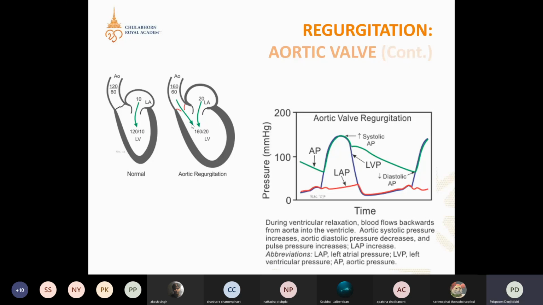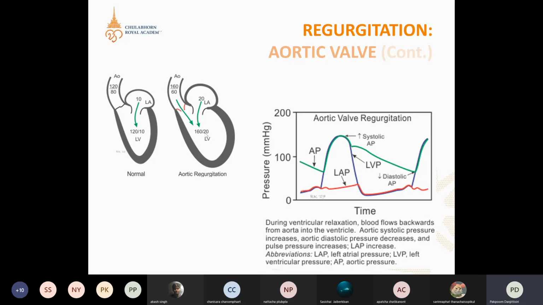So with the higher volume, definitely there is a higher left ventricular end-diastolic pressure. So you will see that the LV EDP is increased from 10 to 20, right?